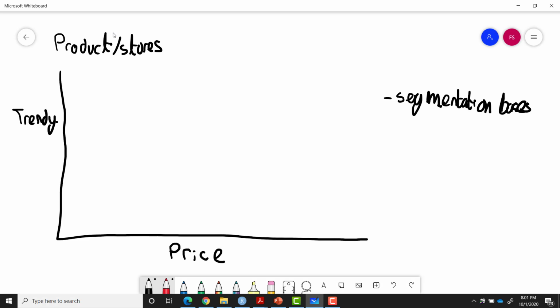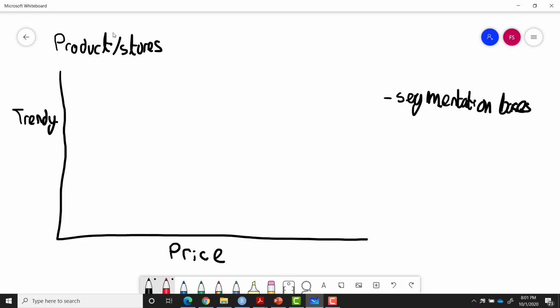So we tend to use statistical software, for example cluster analysis, to actually do the segmentation for us. But this is not an analytics class. This is an international marketing class. So we're going to stick with very simple examples.